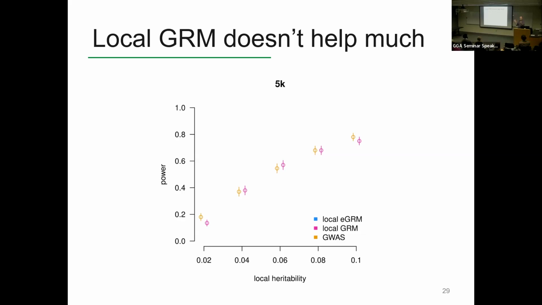So not using the tree, but doing exactly the same model, just using the GRM instead of the EGRM. That should be robust to allelic heterogeneity, but we don't actually get a big boost in power compared with GWAS just from using the variance components approach. One reason might be that we only have a 5 kb window, so we're getting a pretty noisy estimate of the local relatedness in that region.